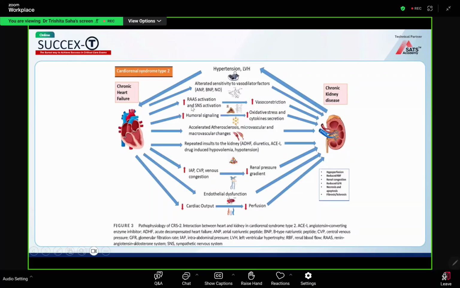There is increase in RAS activation, sympathetic nervous system activation, humoral signaling, accelerated atherosclerosis, microvascular and macrovascular changes, repeated insults to the kidney, increase in CVP, venous congestion, endothelial damage. These things lead to vasoconstriction, oxidative stress, cytokine secretion, decrease in renal pressure gradient, ultimately decreasing perfusion, leading to the chronic kidney stage.